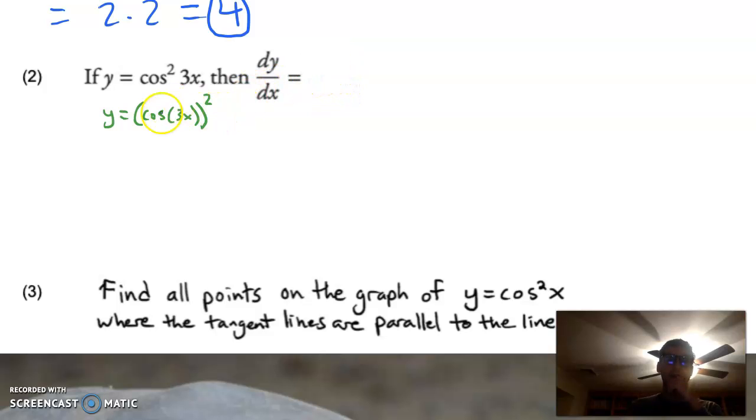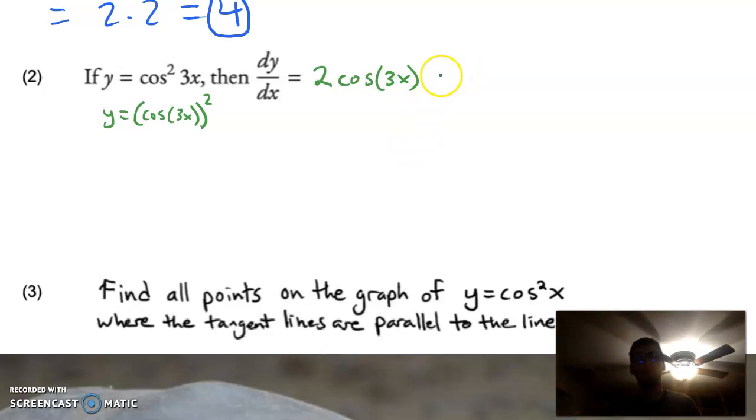So first, I'm going to differentiate this with respect to the interior. So it'll be 2 times the cos of 3x all to the first, or just cos of 3x. Now I need to differentiate the interior of this. Well, there's a cos of 3x in there, so I need to take the derivative.